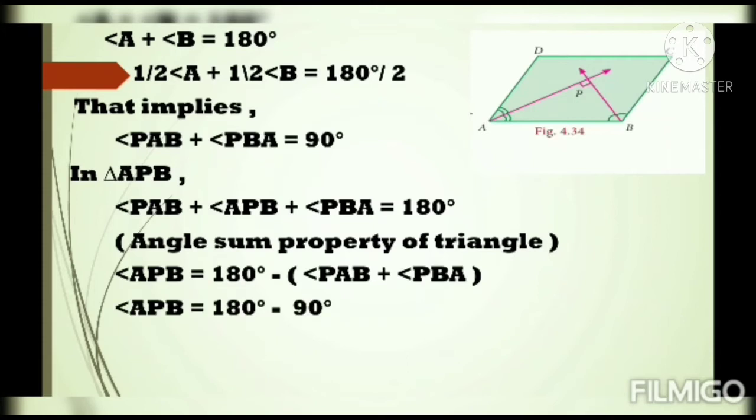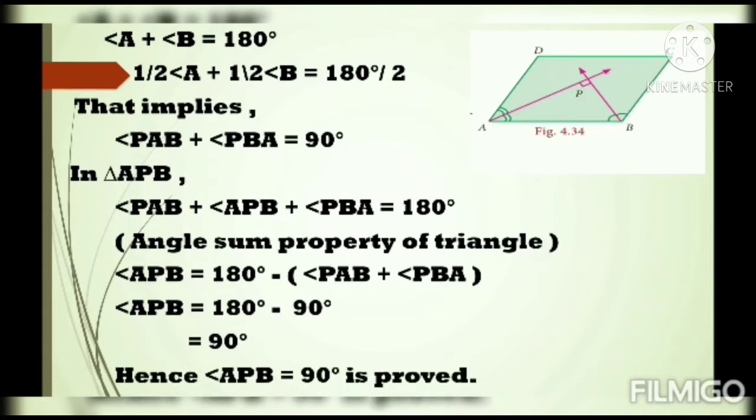Substituting, we got angle APB equals 90 degrees. So, what do we have to prove? Angle APB equals 90 degrees, isn't it? So, we have proved it. Hence, angle APB equals 90 degrees is proved.